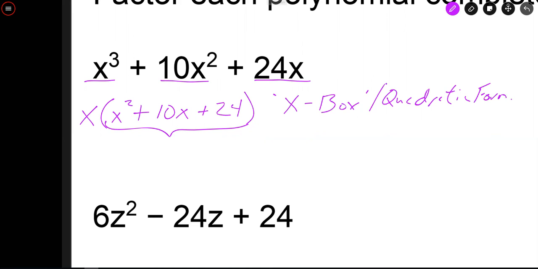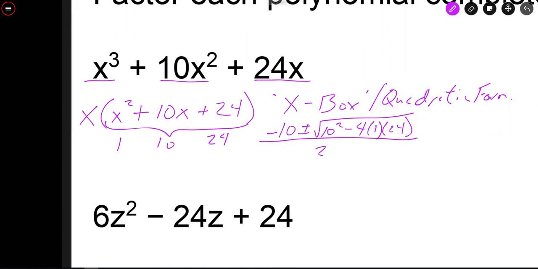I just need my a, b, and c values. My a is 1, my b is 10, and my c is 24. If I plug those 3 values into my quadratic formula, I'm going to get negative 10, plus or minus the square root of 10 squared minus 4 times a times c, all over 2 times a.